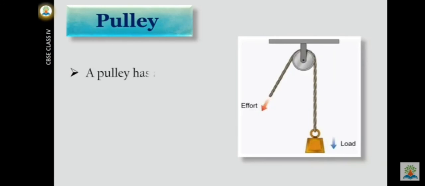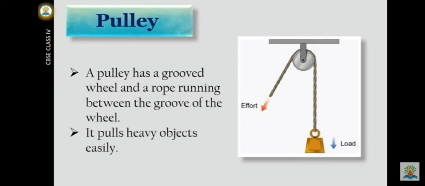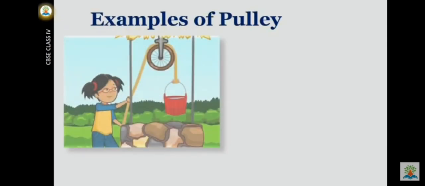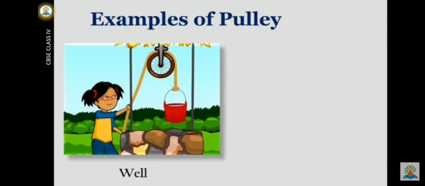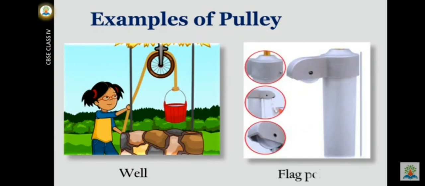Now the third simple machine is pulley. A pulley has a grooved wheel and a rope running between the groove of the wheel. बेटा एक रोप होती है और एक व्हील होता है, ठीक है. और उस रोप की हेल्प से रोप पे जब हम फोर्स लगाएंगे, एफर्ट लगाएंगे, that will help to move the heavy loads. And the best example of the pulley is a well. बेटा वेल से पानी निकालने के लिए हम किसकी हेल्प लेते हैं, कौन सी सिंपल मशीन की?